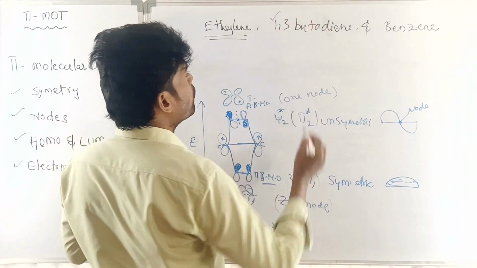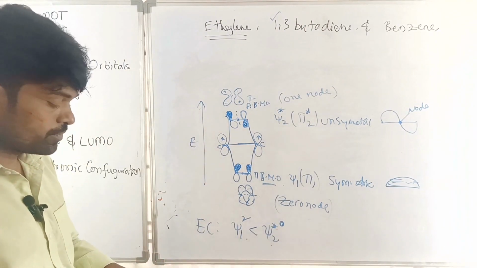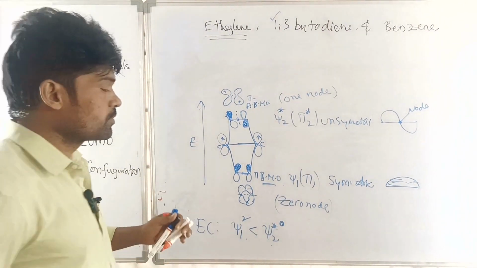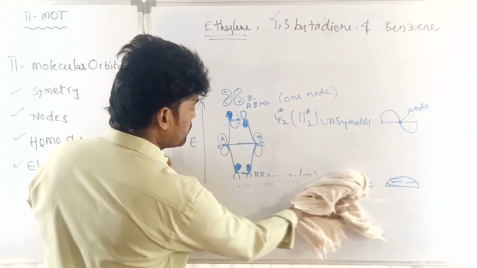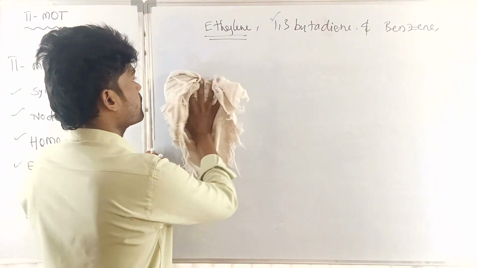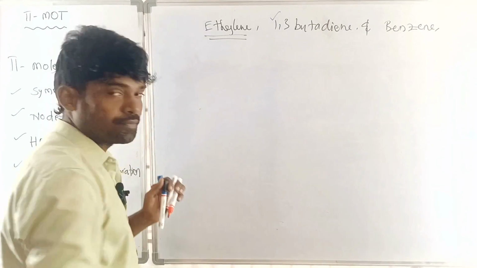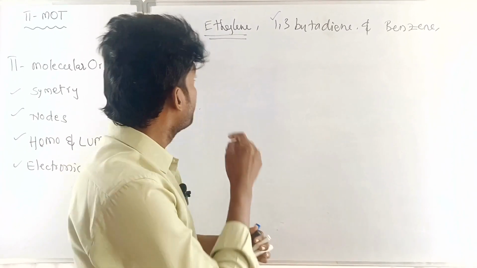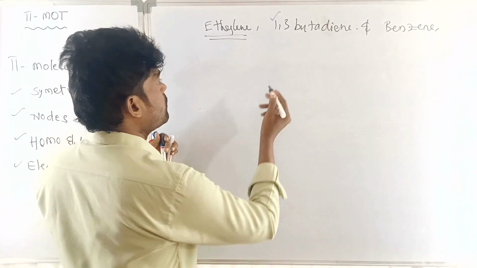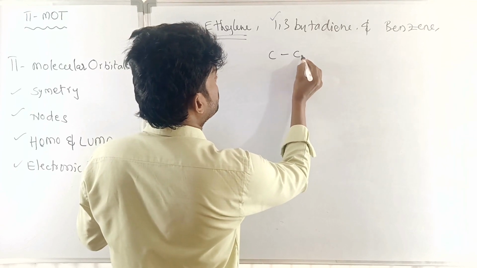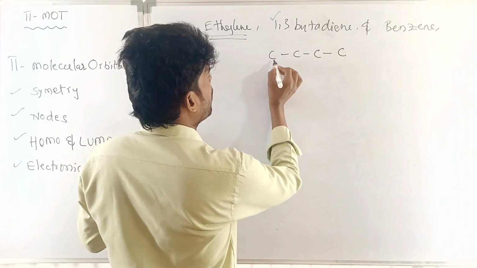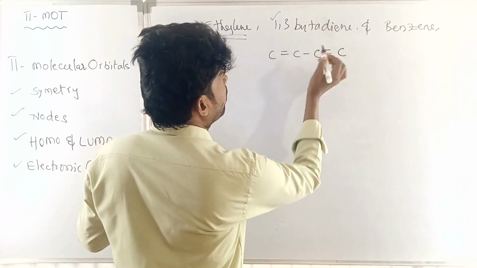Now let me explain 1,3 butadiene in the same manner. In 1,3 butadiene, but means 4: carbon atoms 1, 2, 3, 4. The four carbon atoms are sp2 hybridized because double bonds are there.